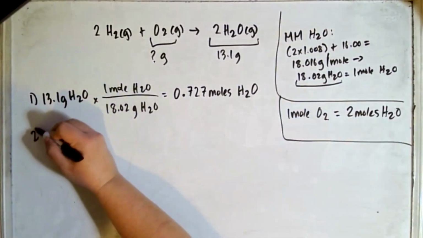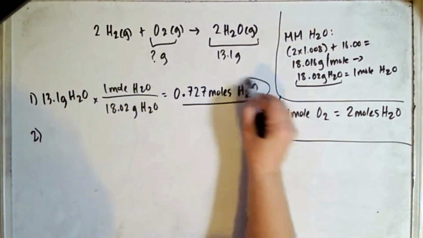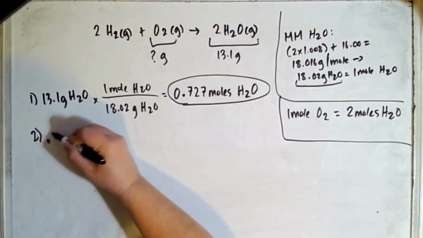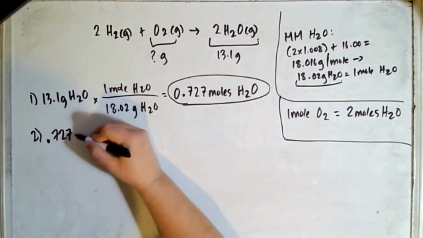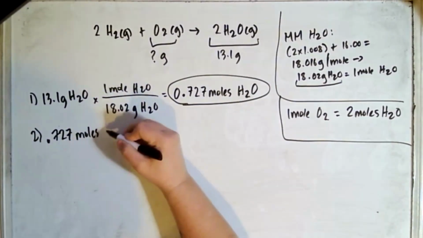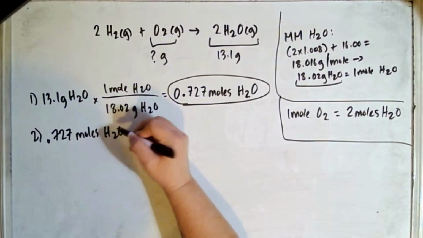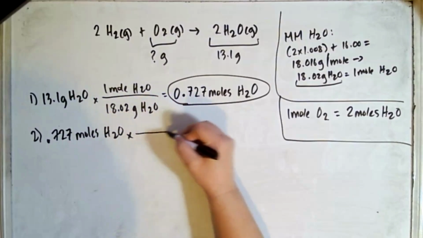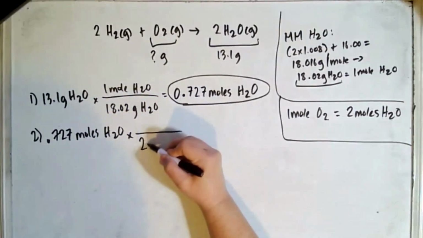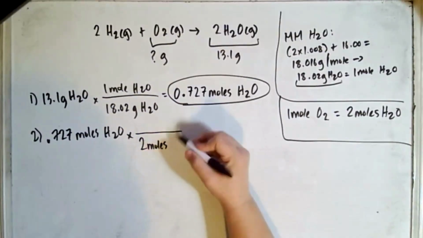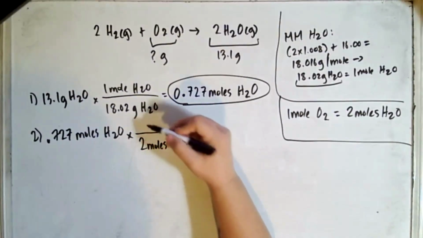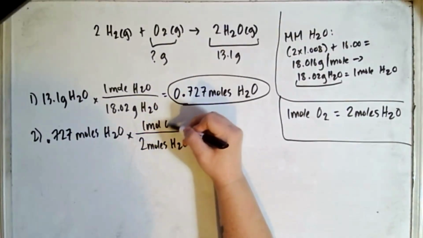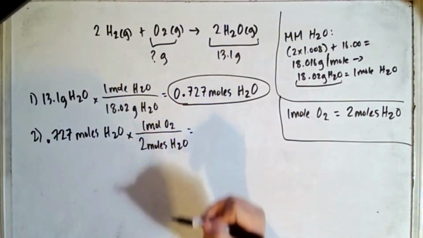All right, so for that second step, we're going to start out with our 0.727 moles of H2O. And when we set up our conversion factor, our 2 moles of H2O go on the bottom, and our 1 mole of O2 goes up top.